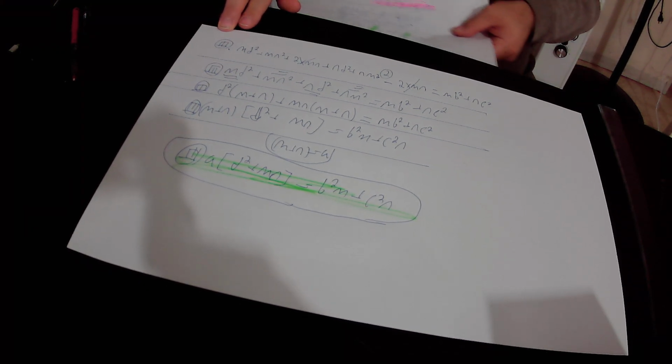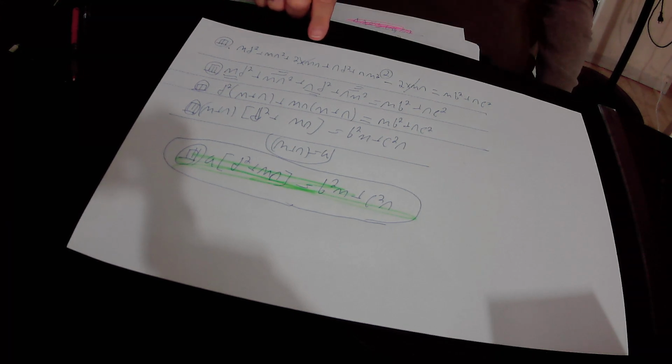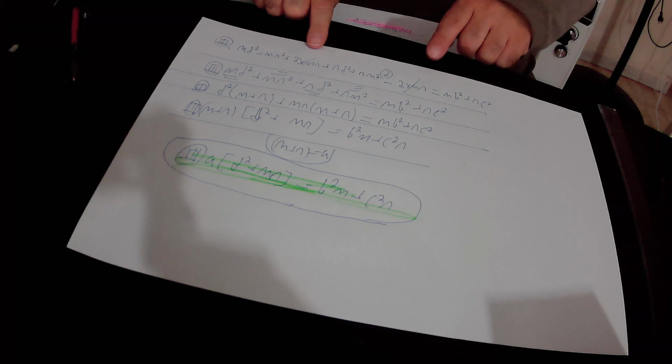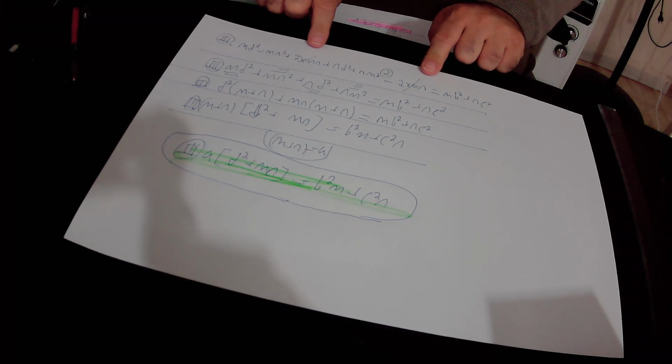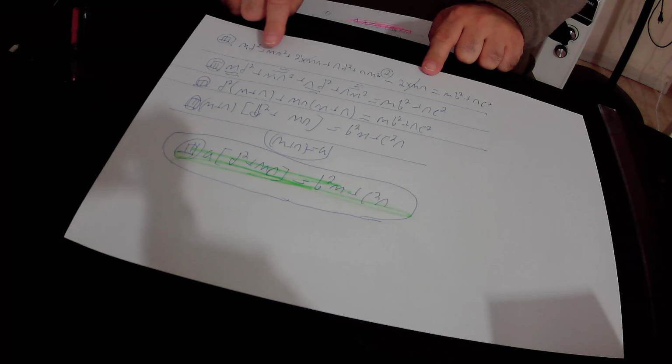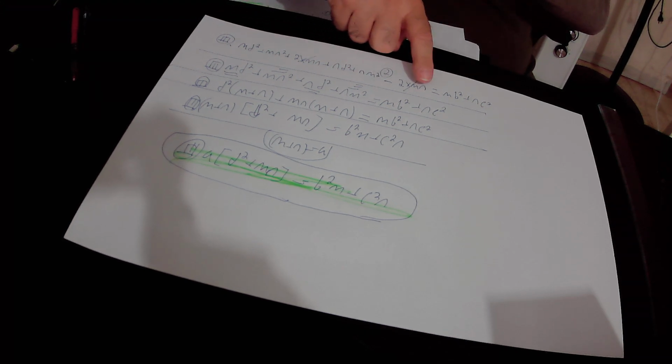In this equation number 3 we have, on this side, plus 2XMN minus 2XMN is 0. So those two expressions get cancelled. After we cancel the two expressions, what is left is MD squared plus MN squared plus ND squared plus NM squared equals MB squared plus NC squared.